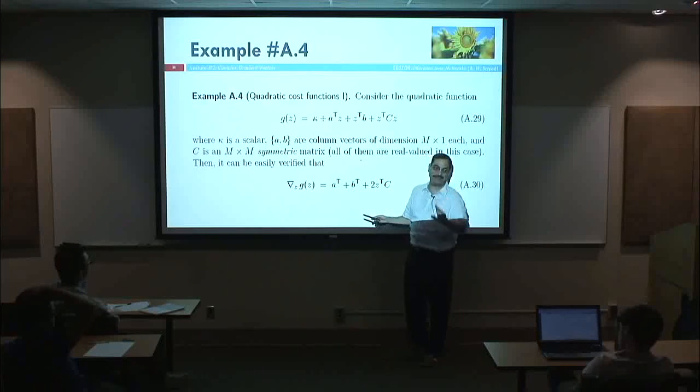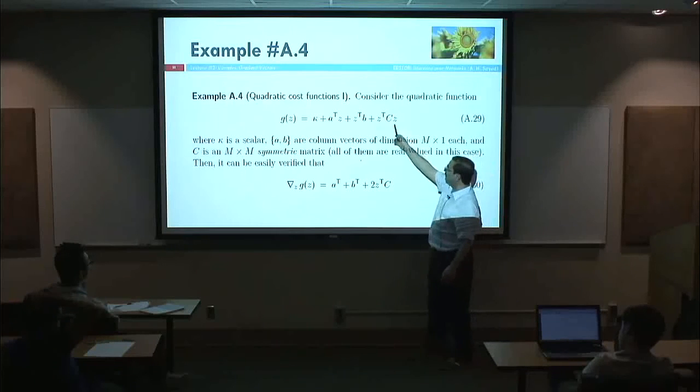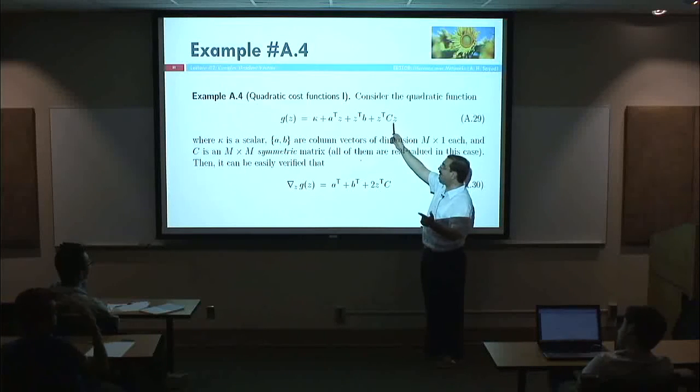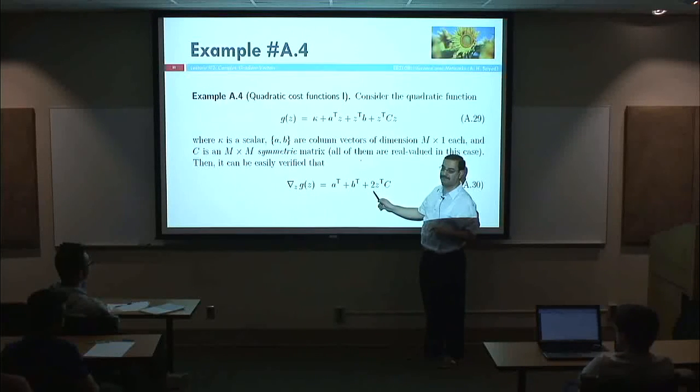You wouldn't get it in the complex case. And here, in the complex case, you had Z star CZ. The gradient relative to Z used to be Z star C, and that's it. But now in the real case, you will get a 2. This is like a Z squared in the scalar case. You'll get a 2.